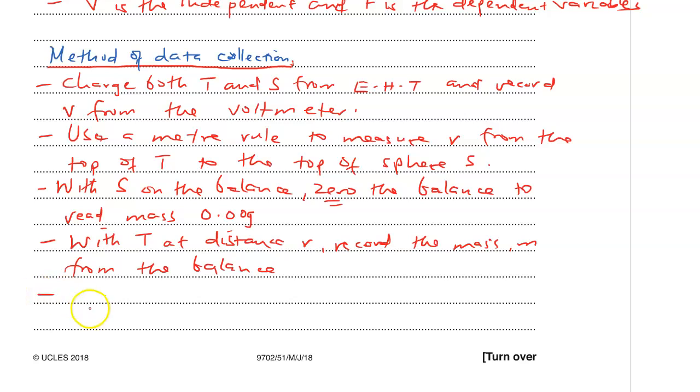Of course, you should convert the mass into force by using this equation. The mass is in grams, so change it into kilograms and use this equation to calculate force F.